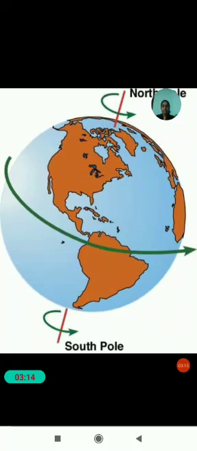On the surface of the globe, we find a set of circles and semicircles drawn. The full circles are called the lines of latitude or parallels. They run from east to west. Look, this is a picture of latitudes.